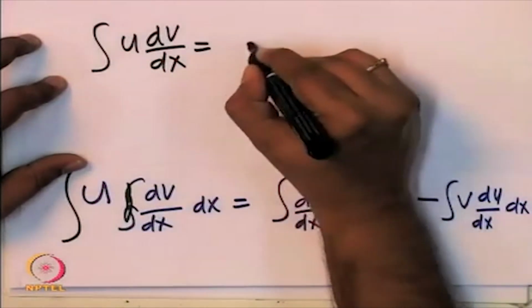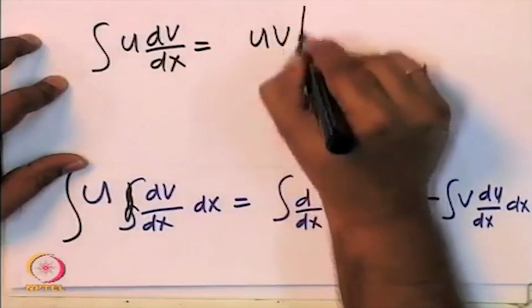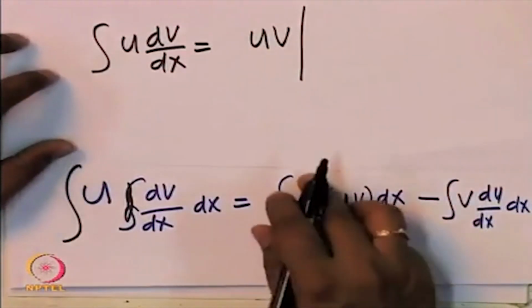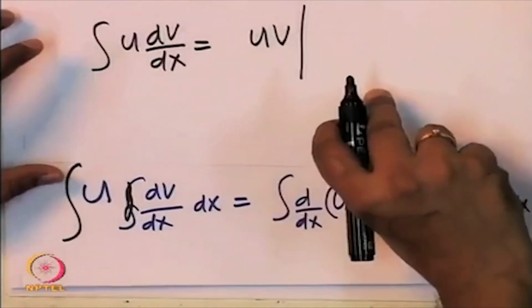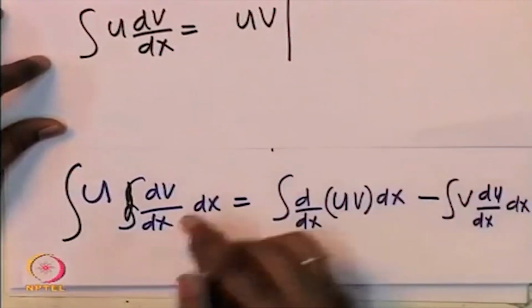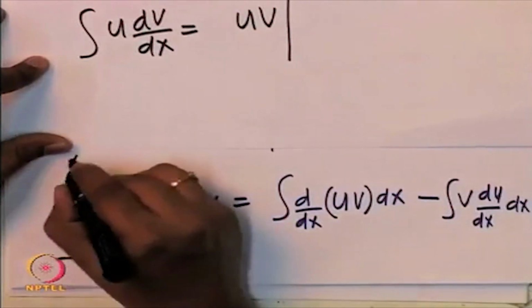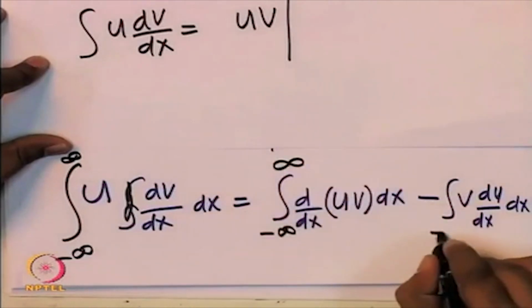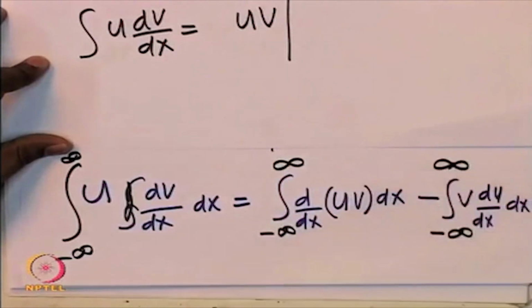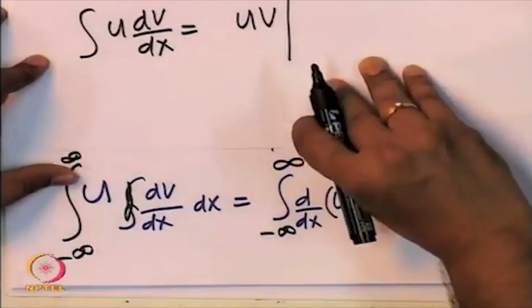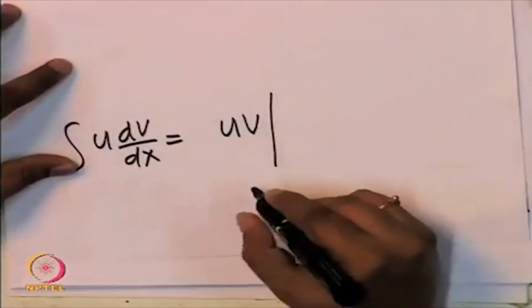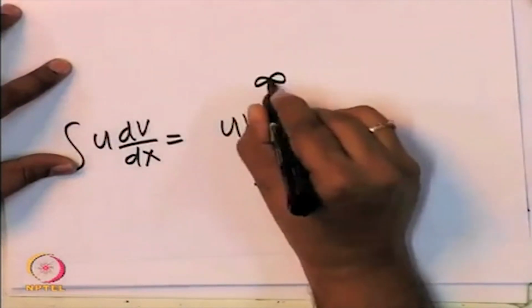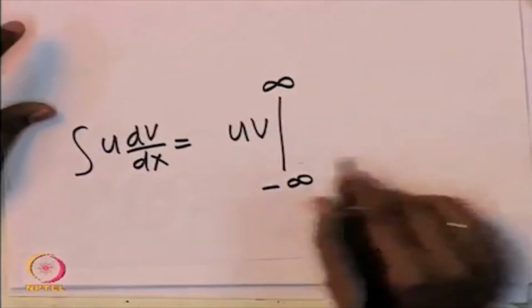So, this is essentially uv in the limits. If this integral is from minus infinity to infinity, all this integral will be from minus infinity to infinity, what you would have is uv in the limits minus infinity to infinity.